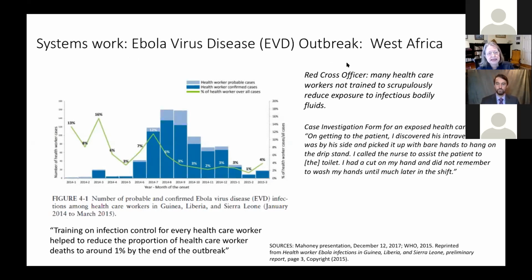But you can also see that, with a few bumps along the way, over time people became very adept at protecting themselves, so that training on infection control for every healthcare worker in this high-risk, resource-limited situation in West Africa allowed the healthcare worker burden to go way down.